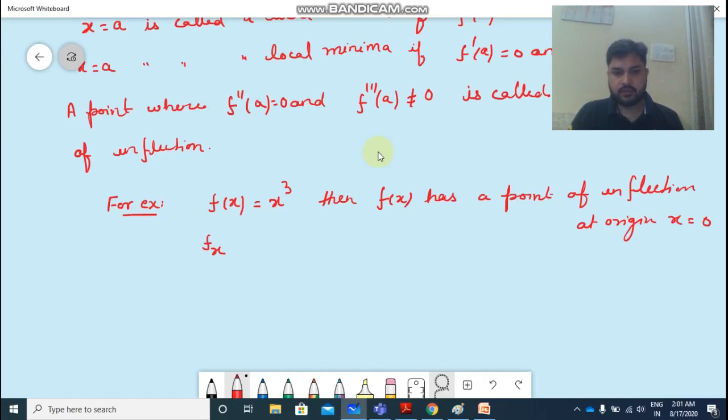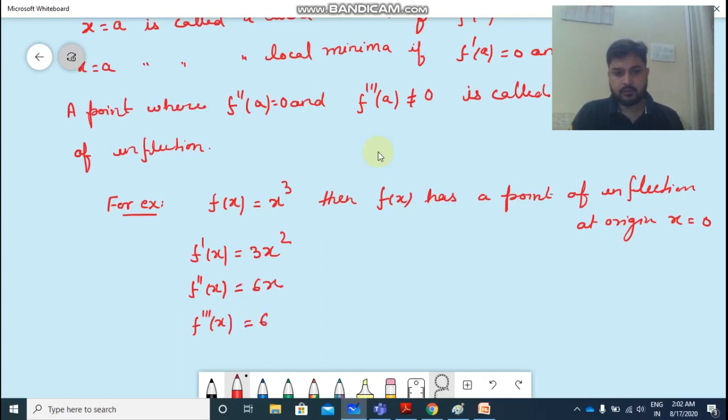If we differentiate this function with respect to x, we get f dash x is equal to 3x square, f double dash x is equal to 6x, and f triple dash x is equal to 6.